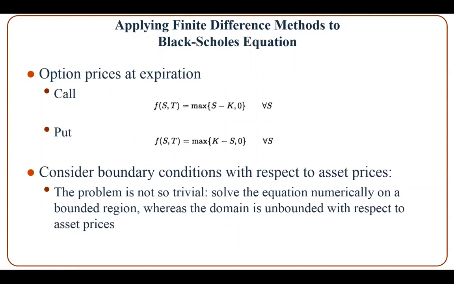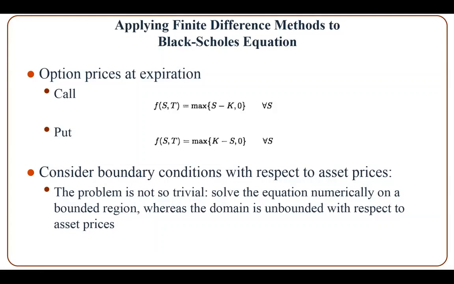At expiration, the terminal condition is the option price is the max of the asset price minus the strike price and 0 for a call option, and the max of the strike price minus the asset price and 0 for a put option.